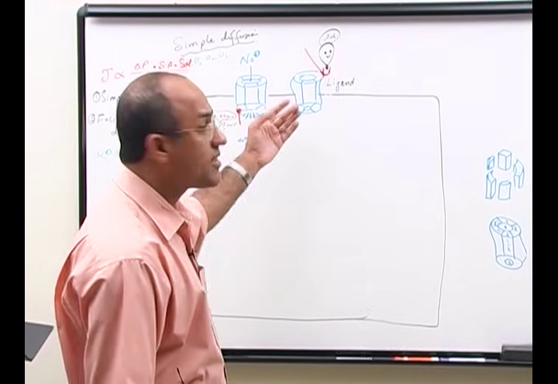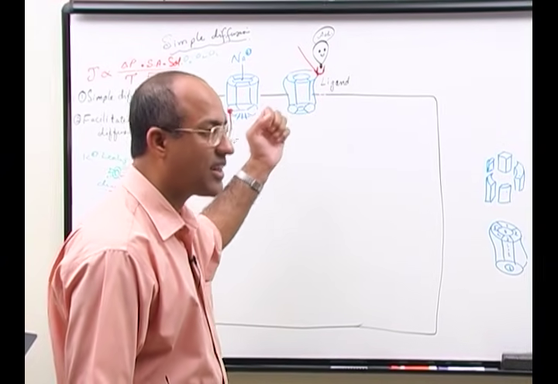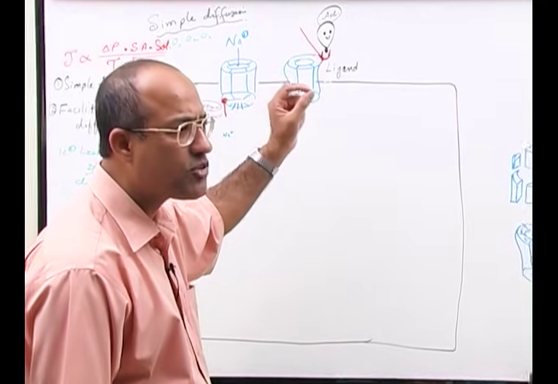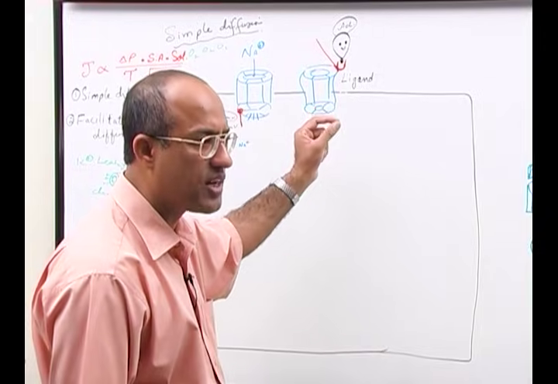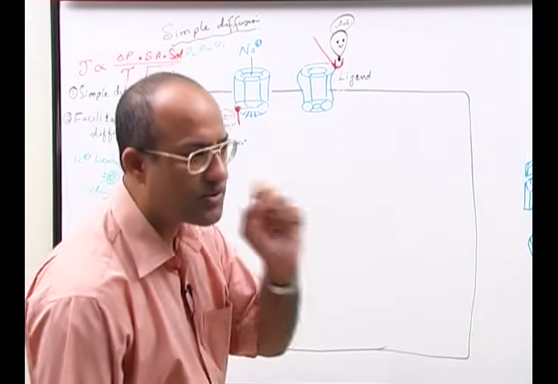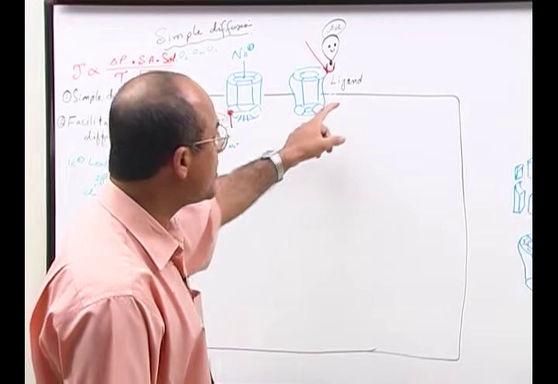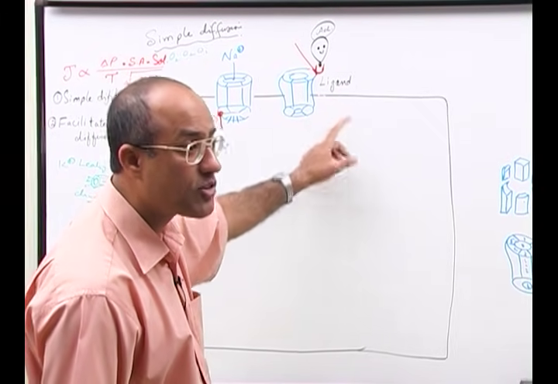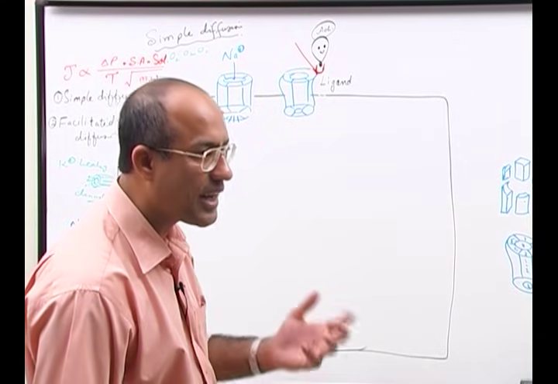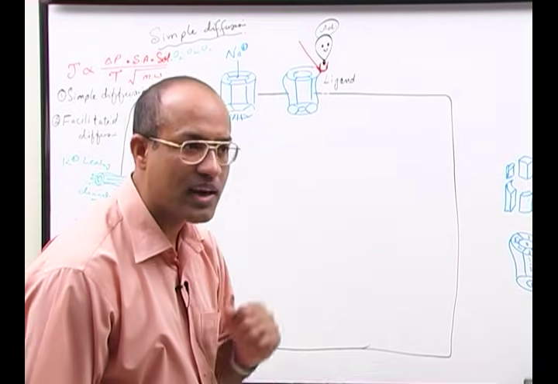In the same way, there can be ligand gated channels. Ligand means any specific neurotransmitter or hormone or any other substance which specifically binds with a specific protein. Some of the sodium channels are ligand operated, some of the potassium channels are ligand operated, some of the calcium channels are ligand operated.